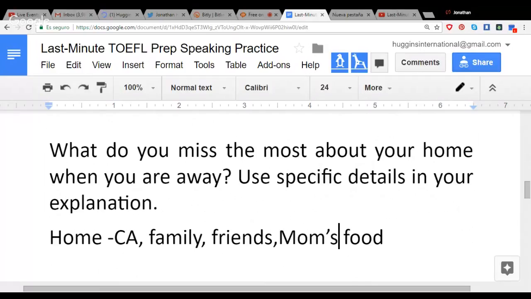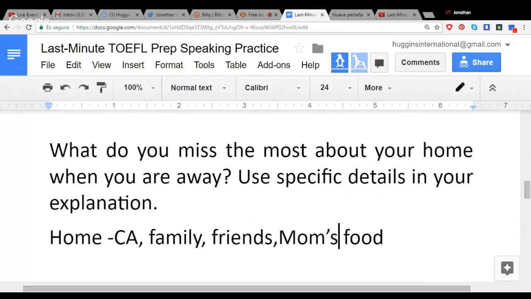So, okay, let me give myself 45 seconds on the clock, and I will go. Okay. One of the things that I miss most about my home when I'm away in terms of living abroad, because I've been living abroad for the last 15 years. I grew up in California, Southern California, and I would definitely say that I miss my family and my friends the most.